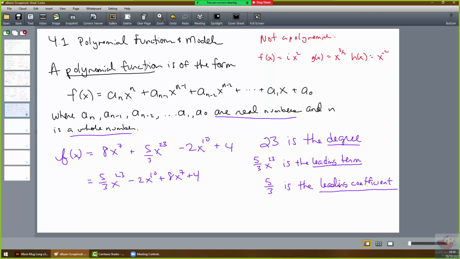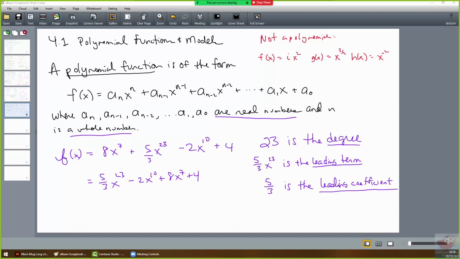Okay, questions on these three terms because they are huge. All right, the build up from section 4.1 to 4.4 is to learn how to graph a polynomial function with little to no use of the calculator. You don't learn how to do that completely until calculus, where you learn what the calculus is telling you of how to find high and low points.